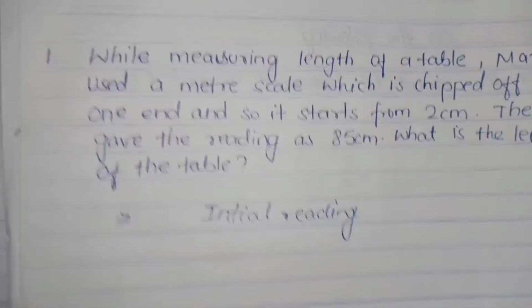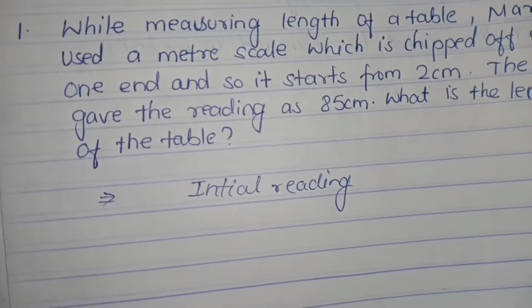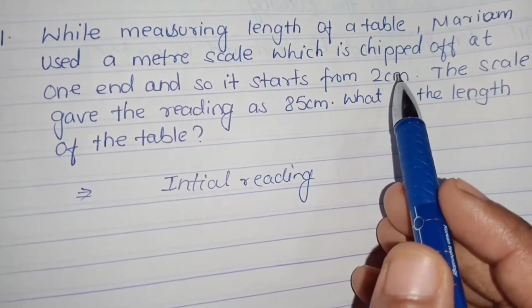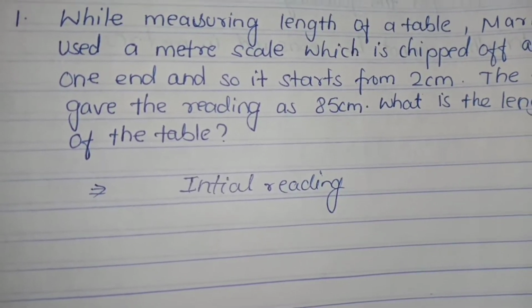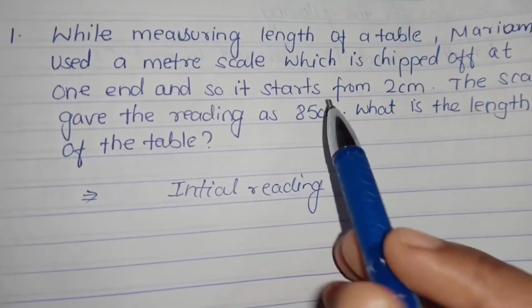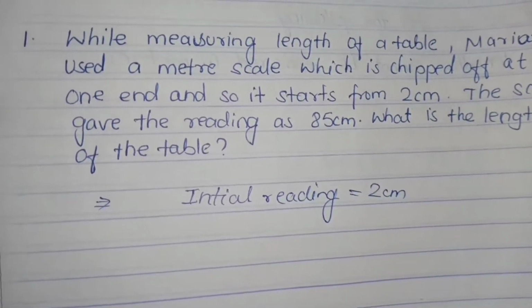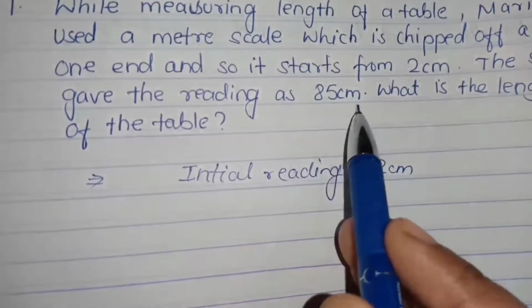Initial reading means from where she has started. So she has started from 2 centimeters, so the initial reading is 2 centimeter. And the final reading she gets is 85 centimeters.